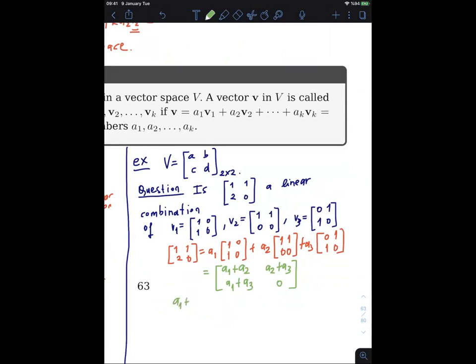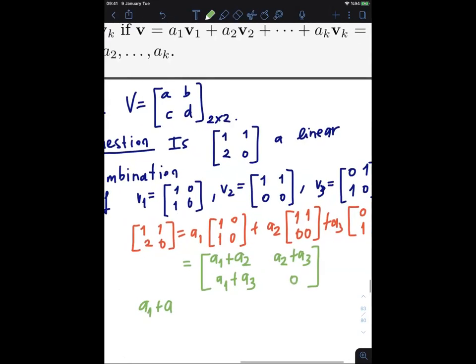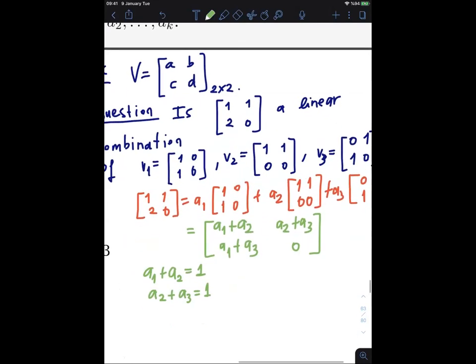A1 plus A2 is 1. A2 plus A3 is also 1. And A1 plus A3 is 2. Can you solve these three equations for A1, A2, A3? Does this system have a solution or not?